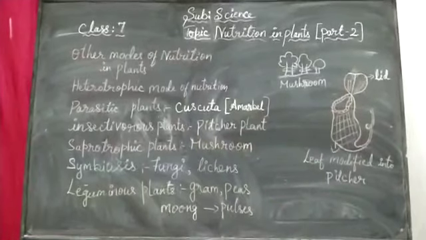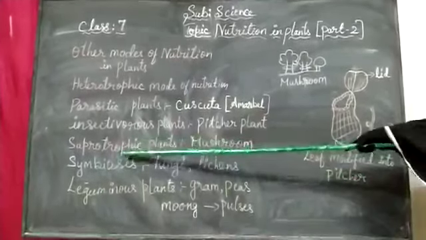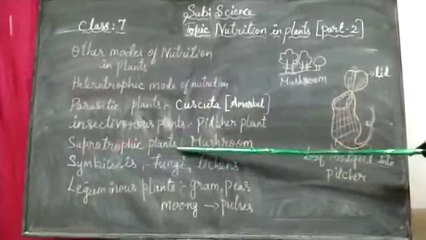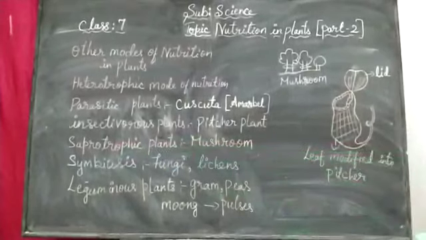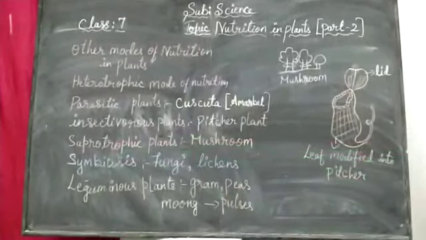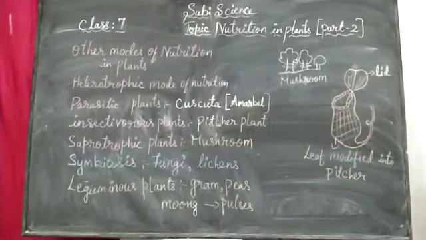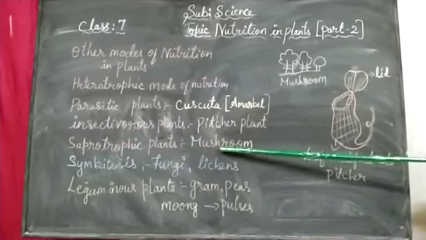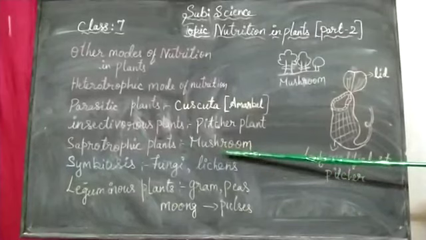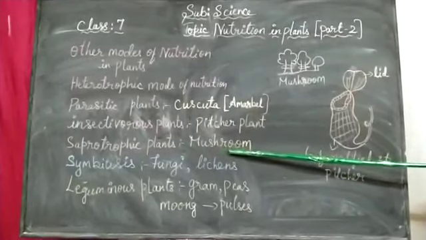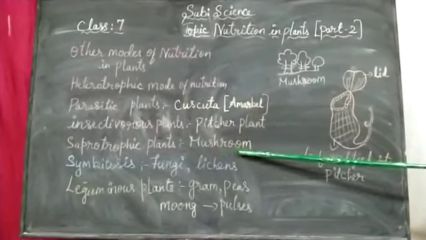Coming to the next. Next is saprotrophic plants. This means the dead and decaying things which are there in the surroundings. From that, mushrooms are grown. So mushroom nutrients are nothing but from dead and decaying plants.